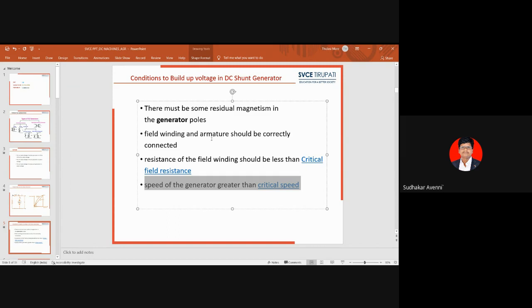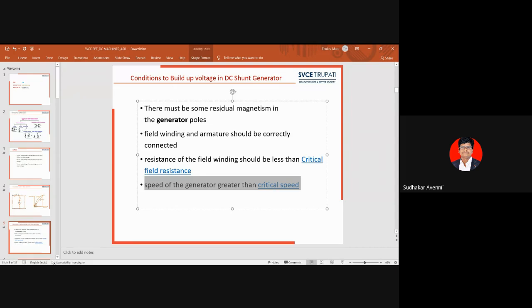Critical speed means the particular speed at which the generator starts building up. Below that speed the generator fails to build up; above that speed it will build up the voltage. So we have to learn critical speed and critical field resistance; these are the two very important points in the build-up process. These are the conditions to build up the voltage.